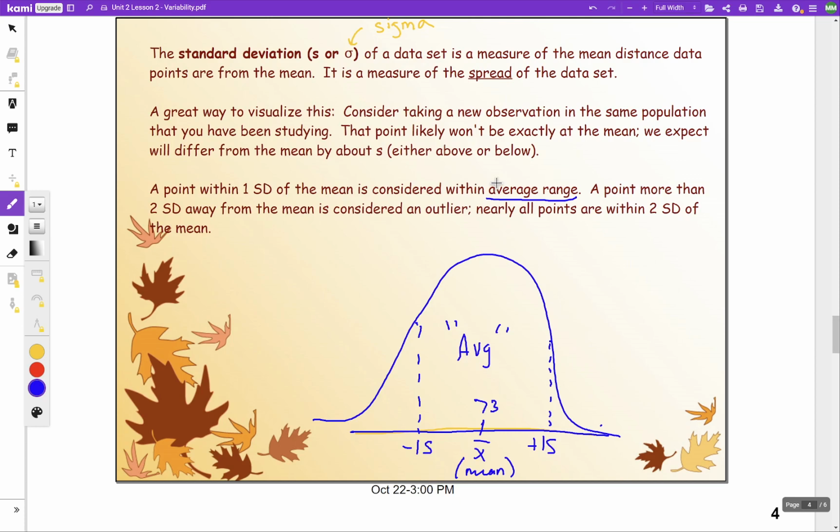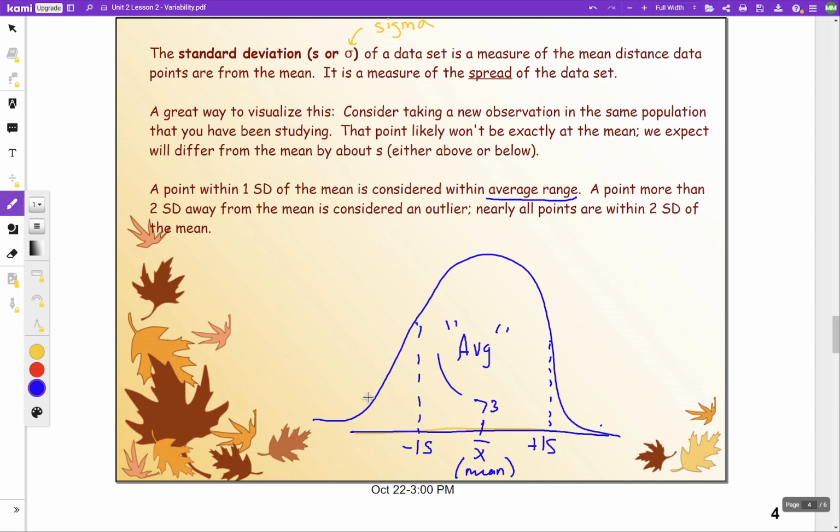So points that are in this range of what we call the standard deviation, depending on the situation, could be considered either above or below average as we learn more about the population, and they can flip back and forth. Once you get outside of that, it becomes much more difficult to justify that. So let's say you got a student who doesn't do very well, and they're in this area down here.